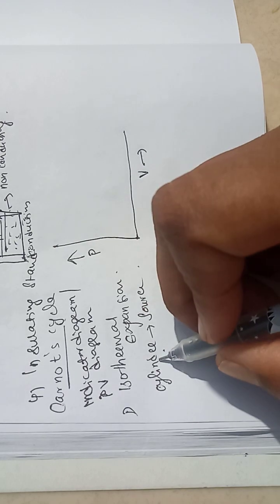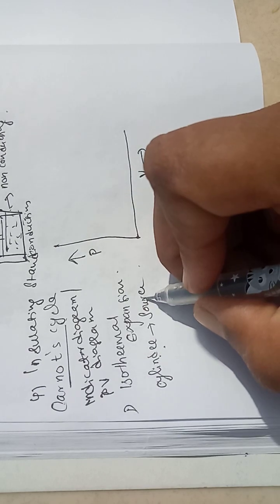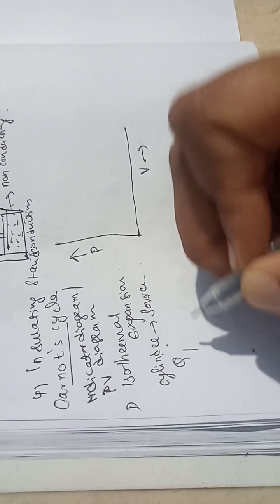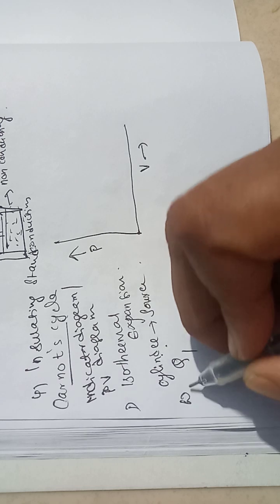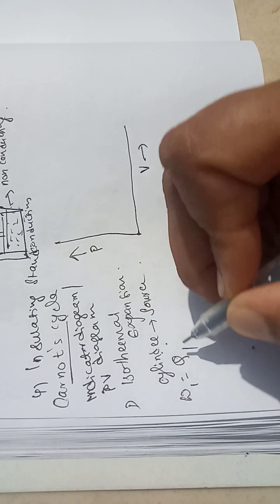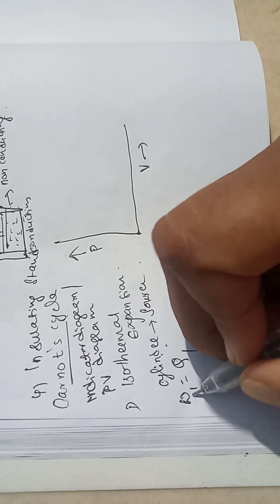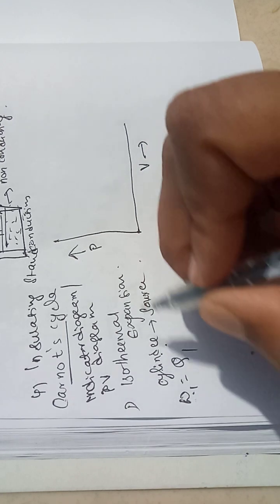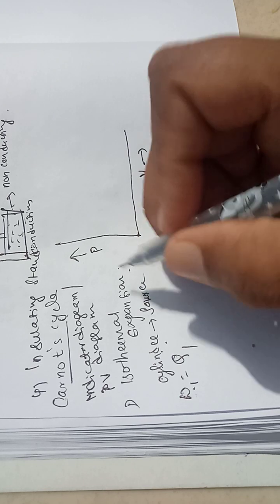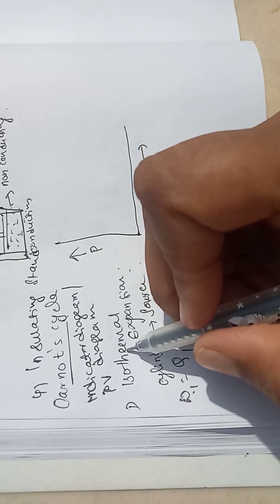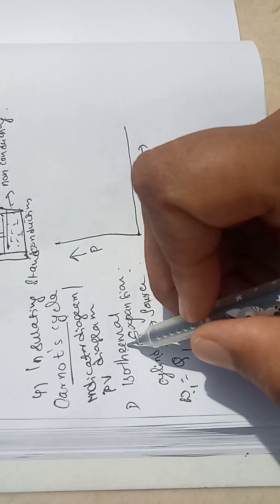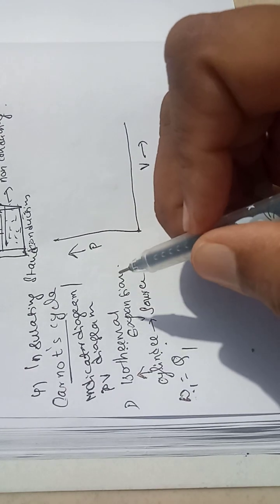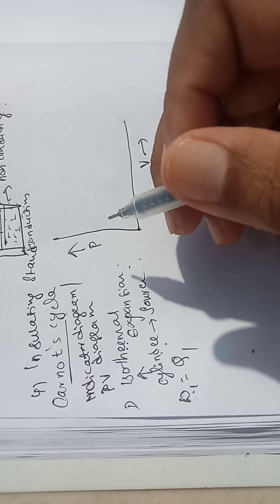The working substance in the cylinder absorbs heat from the source and converts that heat into work, let it be W1. But due to the absorption of heat, temperature rises. As it is an isothermal process, temperature must remain constant. So here the piston is pushed upward isothermally.